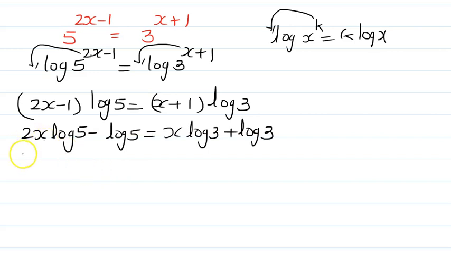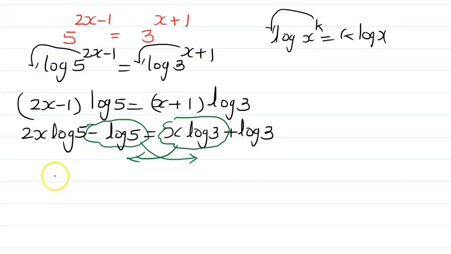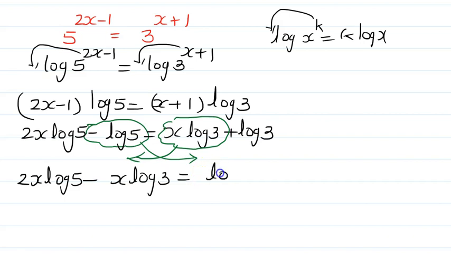Now we need to make x the subject, so collect all x terms on one side. We can bring this x log 3 to this side, and we can bring minus log 5 to this side. Then we can write 2x log 5 minus x log 3 equal to log 3 plus log 5.